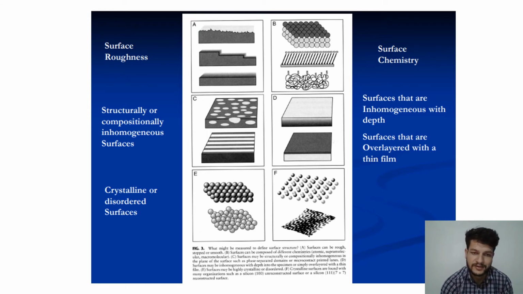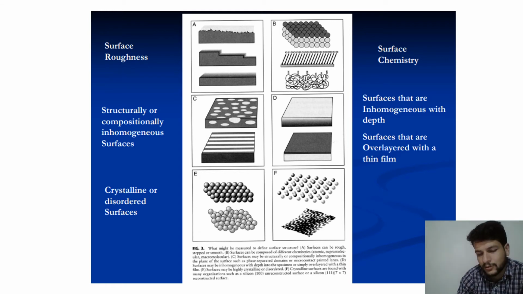Surfaces may also be highly crystalline or disordered. For example, this surface is crystalline, there is a crystal structure, and each crystal is made up of some particular orientation or unit cell. But in this lower case, there is a disordered orientation of the atoms in this material. And in this figure it is shown that even crystalline surfaces which have an ordered arrangement can have different orientations or different ordered structures.